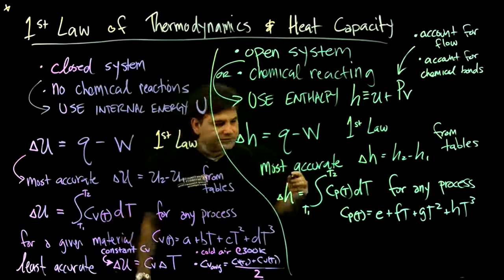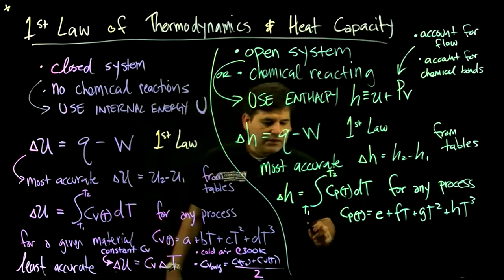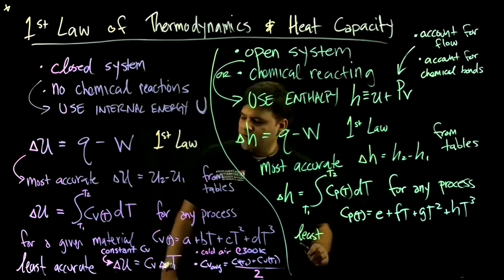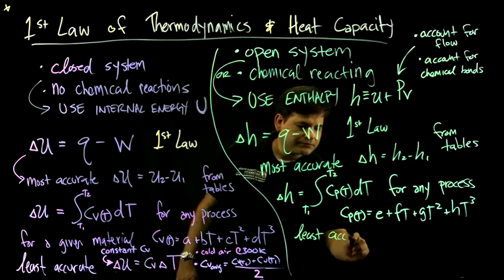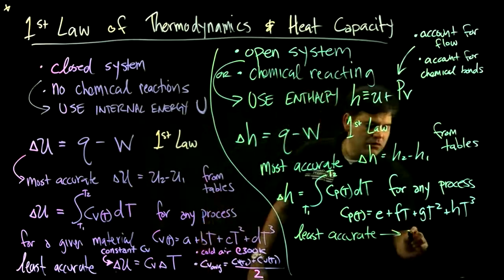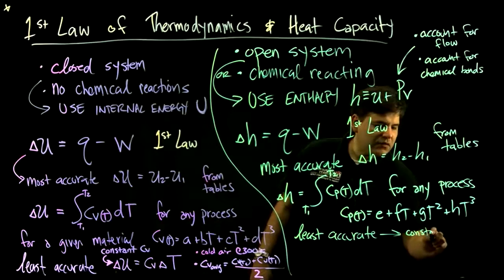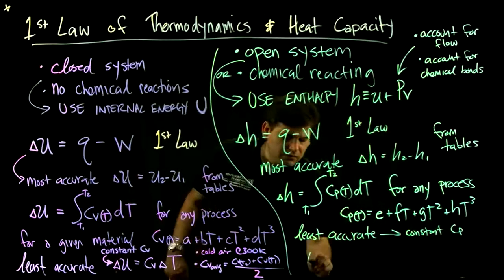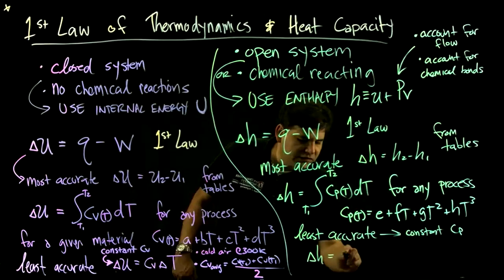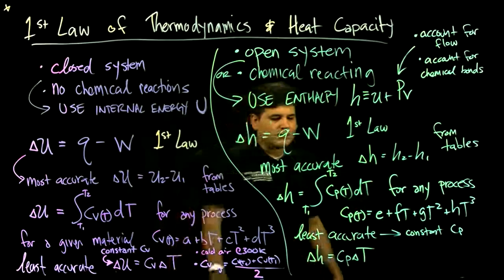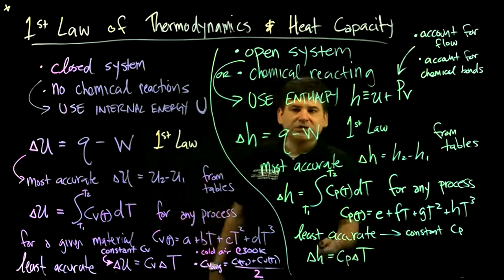And again, the least accurate way to evaluate this is to assume that you have a constant Cp. When you do that, you can say delta H equals Cp delta T. And that's an easier equation to use.